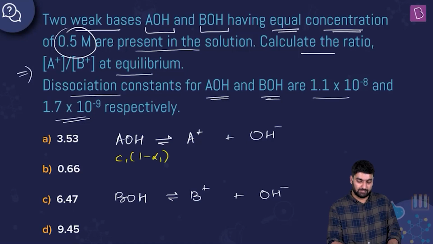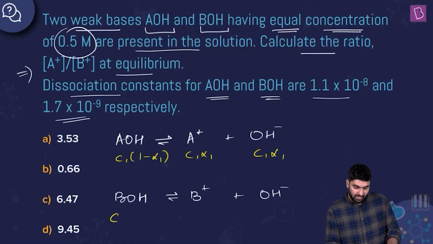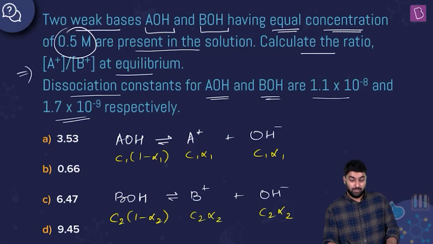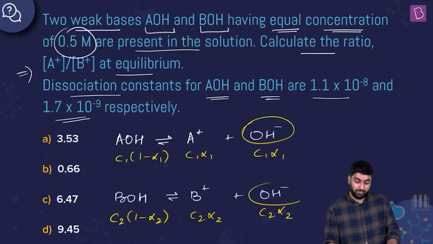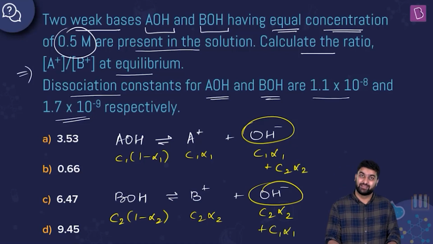This will look like something like this and something like this, right? Okay. At equilibrium, this will look something like this. C2 alpha 2 over here, C2 alpha 2 over here. But we have to consider the common ion effect, and we have to accommodate a C2 alpha 2 over here in the top one and a C1 alpha 1 in the bottom one here, right?